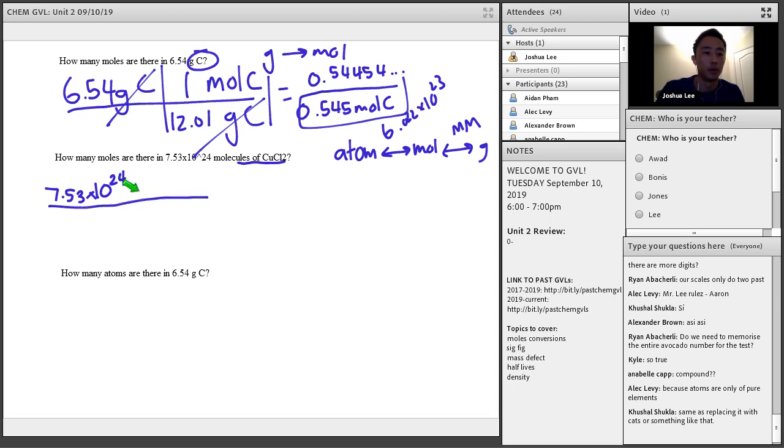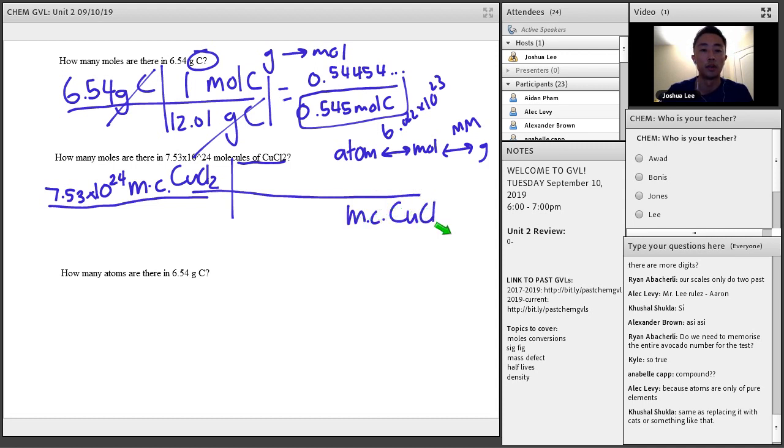So we abbreviate molecules. So 7.53 times 10 to the 24th molecules of copper 2 chloride. And then we want to get rid of that. So molecules are going to go on the bottom of copper 2 chloride.